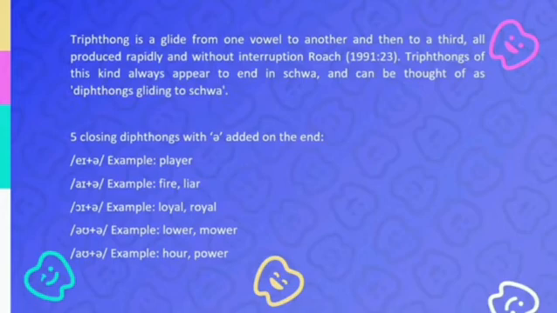A plus E, example player. I plus E, example fire, liar. Oi plus E, example loyal, royal. O plus E, example lower, mower. And ow plus E, example hour, power.